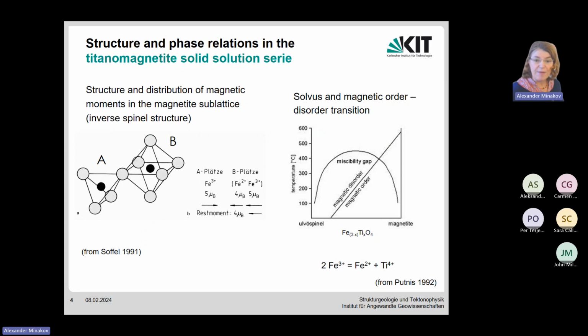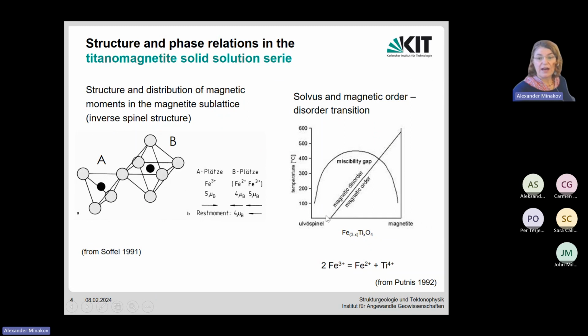For the titanomagnetites, you have the solid solution exchange where two iron 3+ are substituted by iron 2+ and titanium 4+. And you have as end members of this solid solution series the ulvospinel as the titanium-rich end member and the magnetite on the other side.